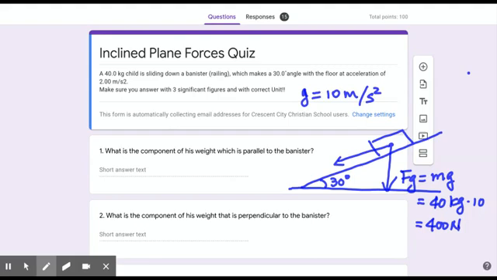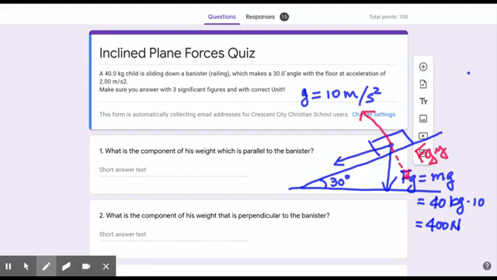And then remember, when we draw the free body diagram, we have the normal force, which is equivalent to the gravitational force, the y component.